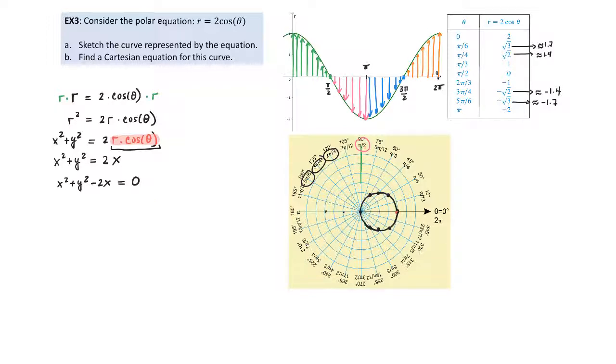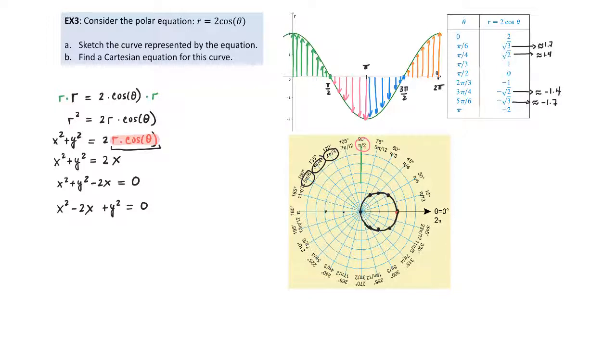So in order to see a circle, what we are going to do now is complete the square. In order to complete the square, I'm going to get the terms containing x together. So x squared minus 2x, and I'm going to leave y squared on the right.